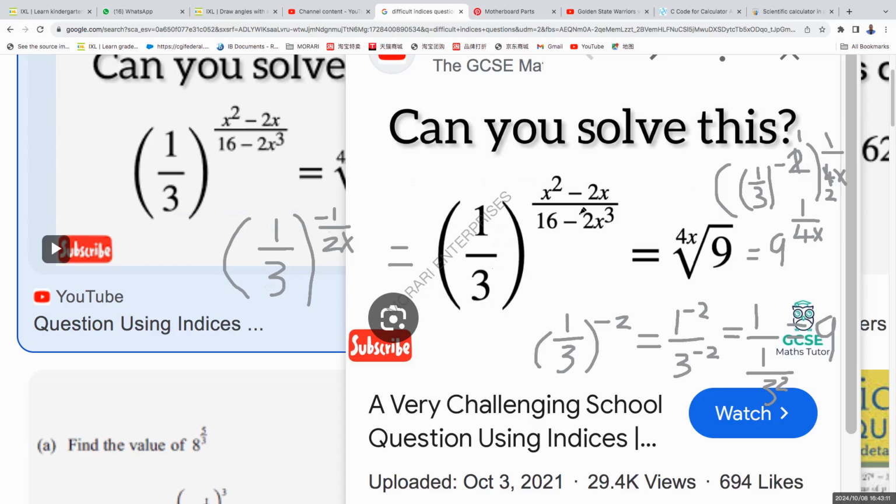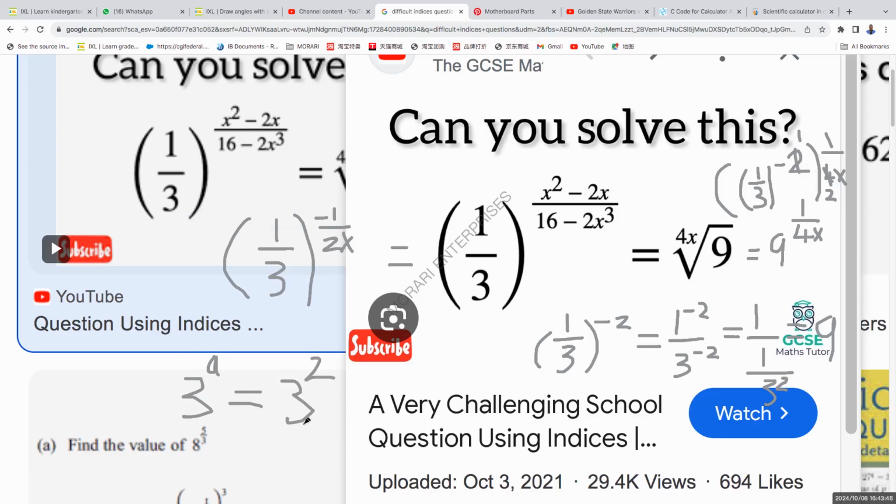Right? If this equals this, then it means what? Their powers should also be equal, because this equal sign is there. Let me give an example: 3 to the power a is the same as 3 to the power 2.